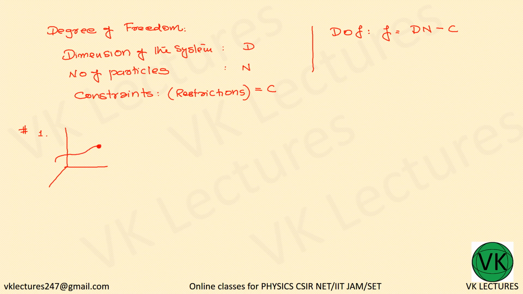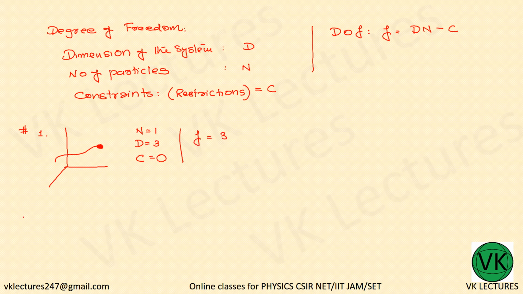Okay, this is the particle, and its motion is given as this one. Now here the number of particles n is equal to 1, d is equal to 3. Constraints, number of constraints, there is no constraint to it. It can move in any direction, so constraints are 0. So the degree of freedom f is equal to 3.